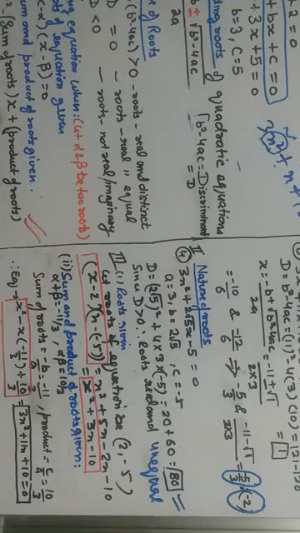Clear? What is the formula? x square minus sum of the roots into x plus product of the roots. So this is the formula. Clear? So apply the values. x square minus x into sum of the roots, which is minus 11 by 3, plus product of the roots, which is 10 by 3. On solving, we are getting this answer.